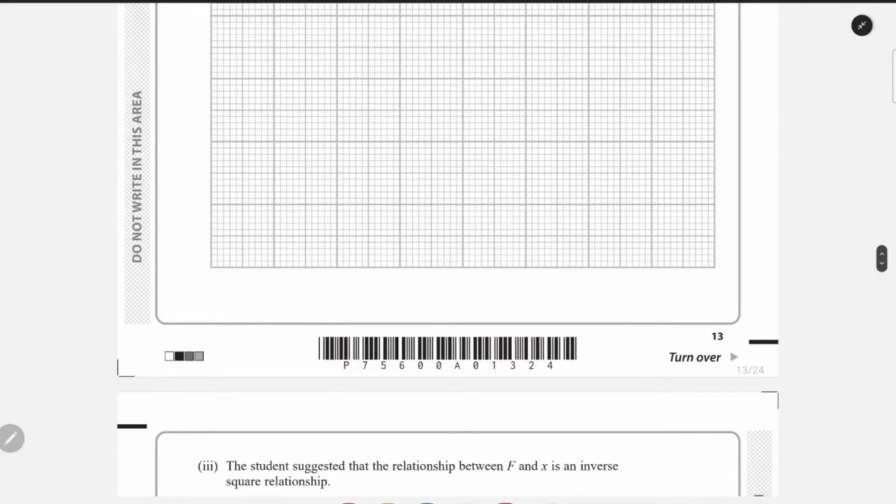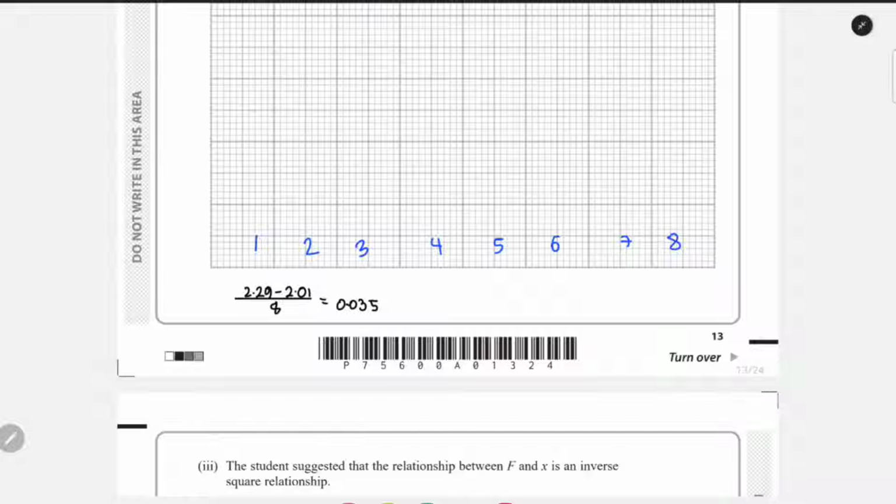We have 1, 2, 3, 4, 5, 6, 7, 8 boxes to go from 2.01 to 2.29. This comes out to be 0.035.